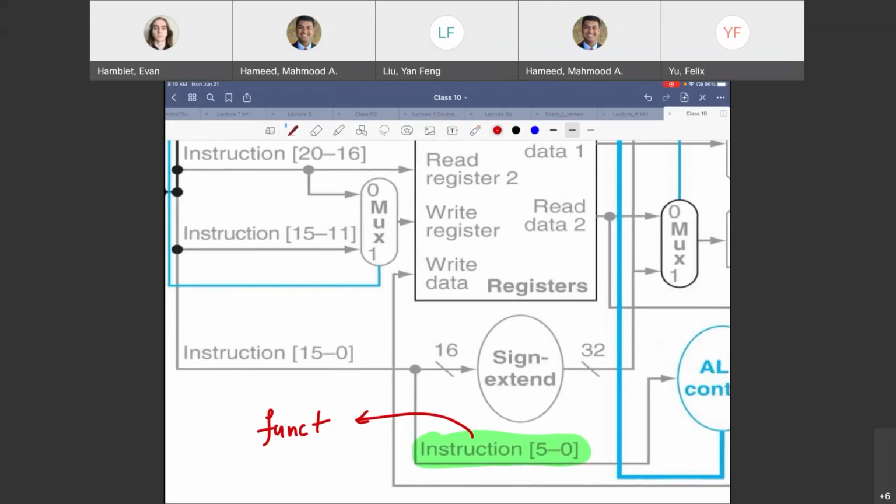For I type instruction, it is part of the immediate field. For the J type instruction, it is part of the jump address. So different types of instructions, it means different things. However, those 6 bits for R type specifically correspond to the function field, which essentially takes care of variations of the same operation. Add U, for example, right?